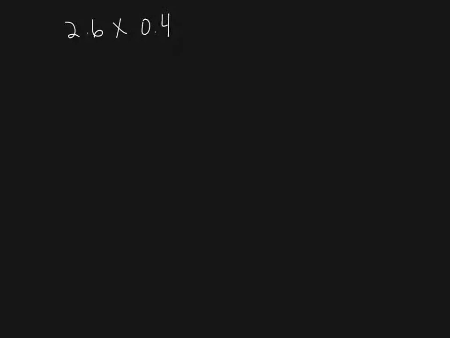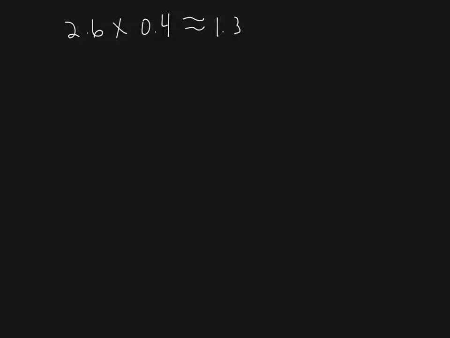So 5/10 is another way of saying a half. So my answer should be around half of 2 6/10. I'm going to think of it that way. And so it should be somewhere around 1 3/10, because that's about half of 2 6/10.